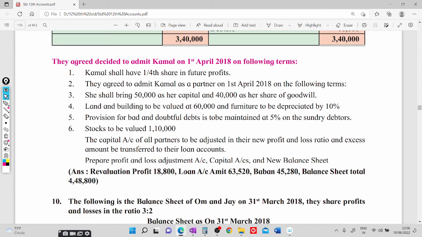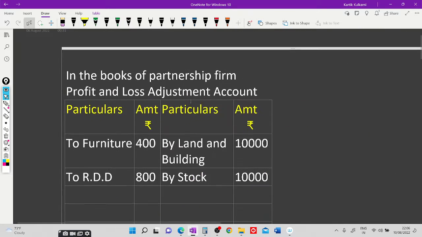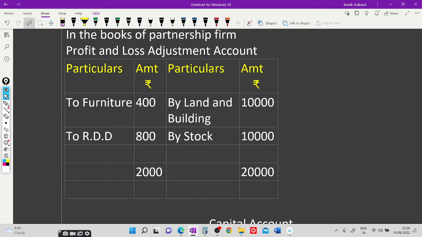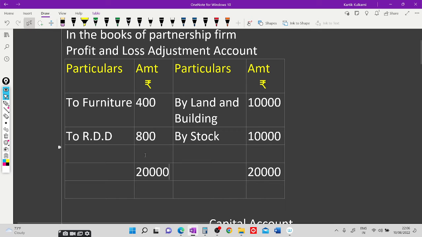Now we have to close first. We have to close the revaluation account first. Before closing the capital account, you have to close the revaluation account. The total is 20,000. You can see the debit is less, the credit is more, so the bigger figure will appear on both sides and this will appear as a balancing figure.